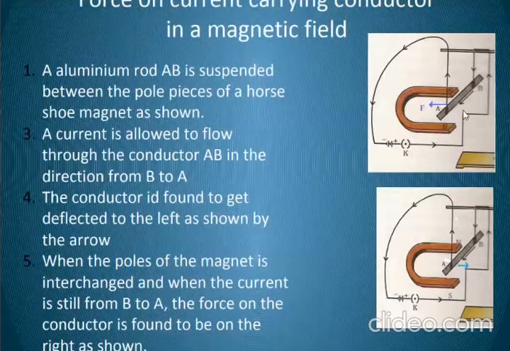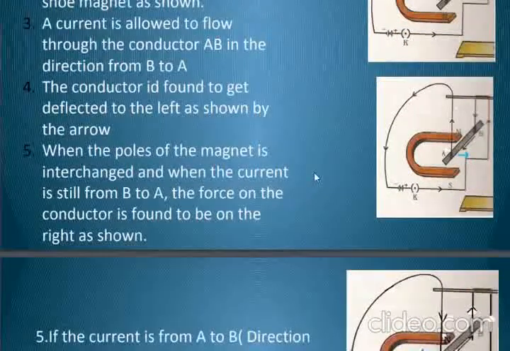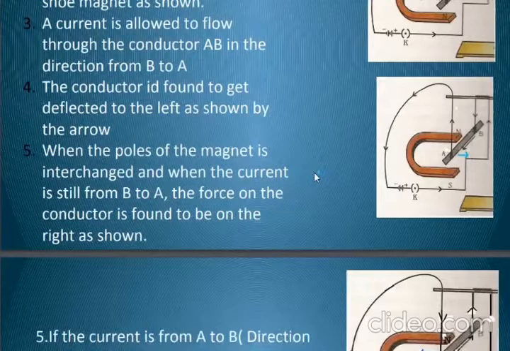If polarity is changed, the direction of force would get changed. When the poles of the magnet are interchanged and the current is still from B to A, then the force on the conductor is found to be on the right side, you see here. So here we have changed the polarity of the magnet, then the direction of force gets changed.